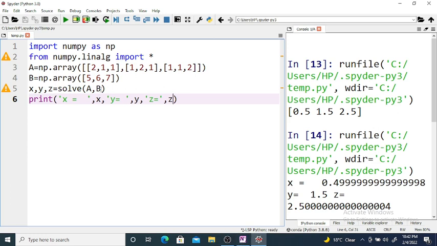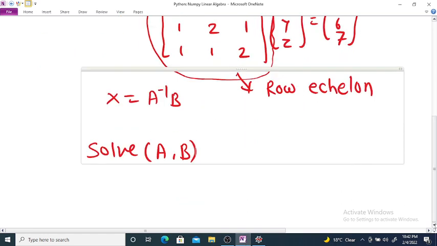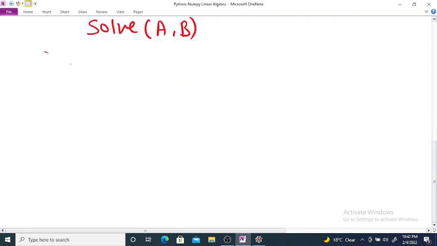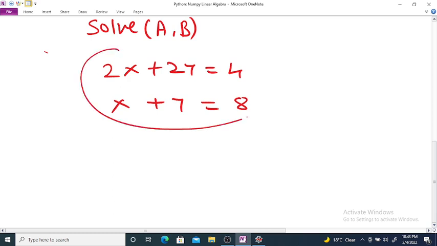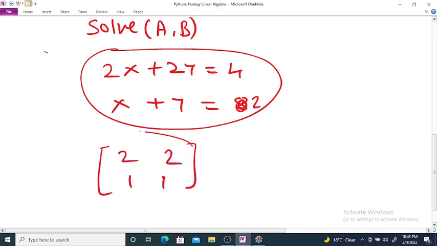If it is a singular matrix, you will get an error. That is, if a given system has infinitely many solutions, for example, the system 2x + 2y = 4 and x + y = 8, this system has no unique solution. If we write the matrix A as [2 2; 1 1], this matrix is singular since its determinant is 0.